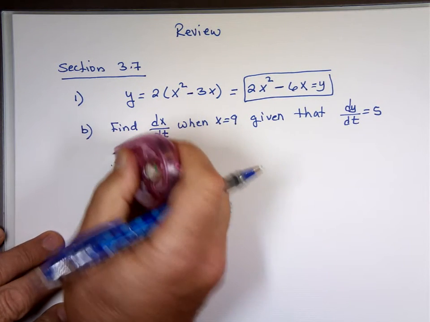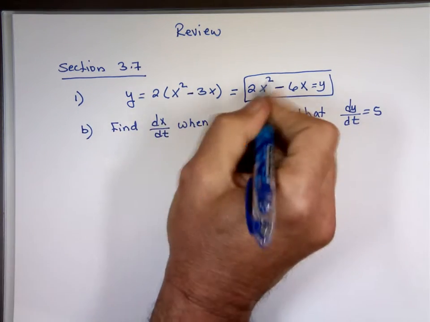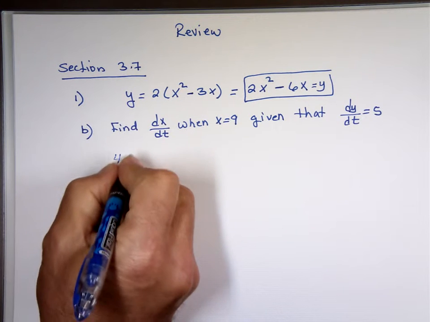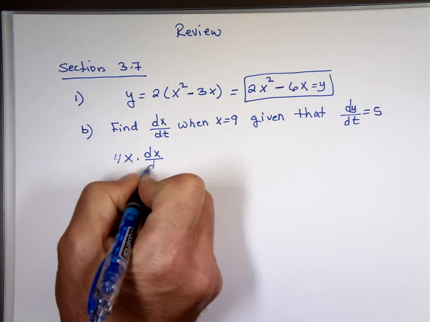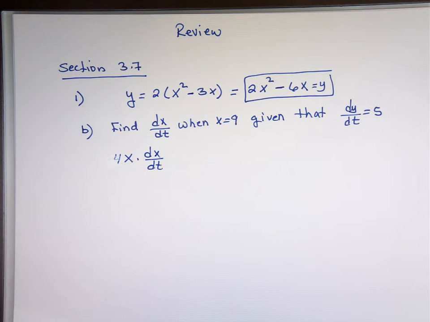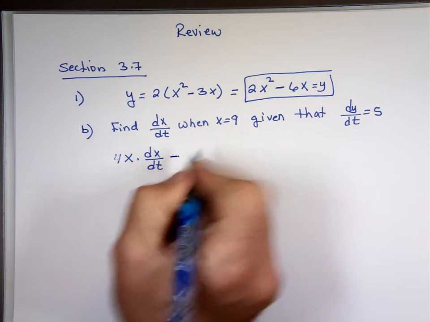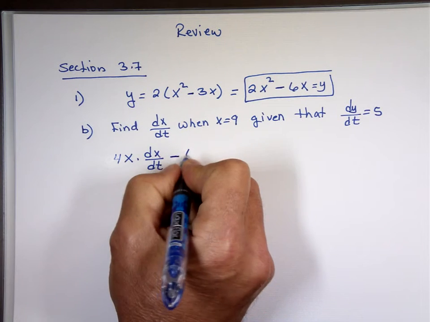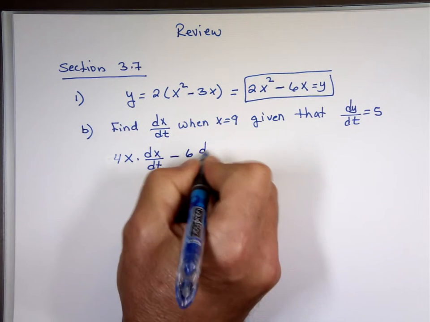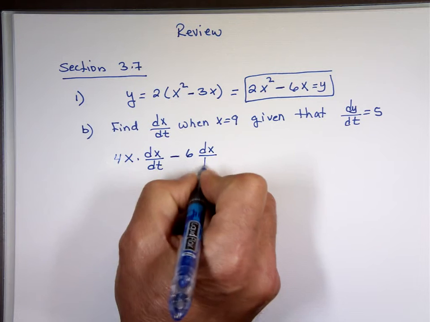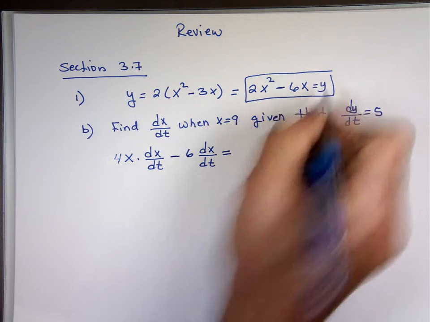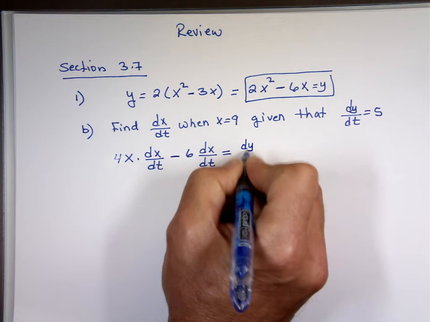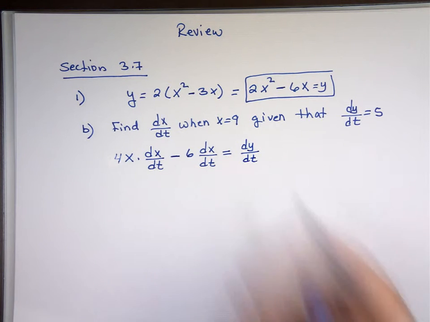What's 2 times 2? 4x times the derivative of x, which is dx dt, minus 6, the derivative of x is what? Dx dt with respect to time, right? And the derivative of y is dy dt. I'm taking the derivative with respect to t.